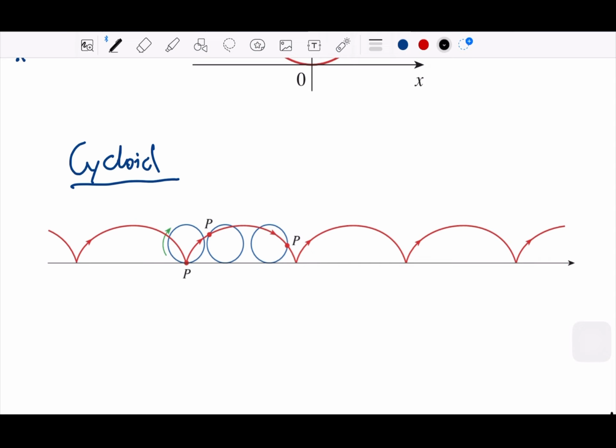When we roll, imagine that this is moving. At every point when the circle changes the distance, the point is also rolling, right? And how the point P changes, we connect all the possible changes, and we get this curve.